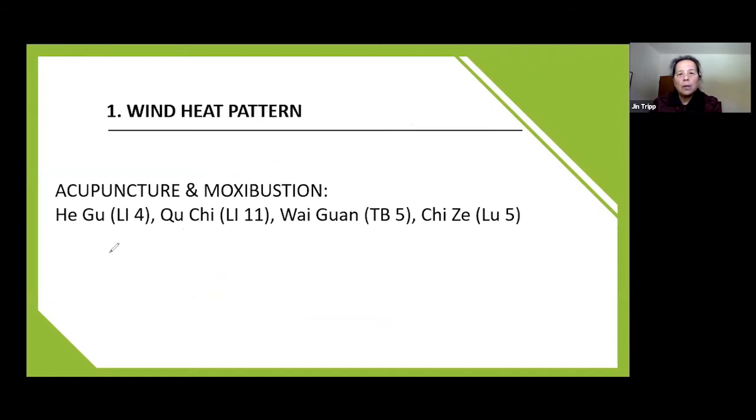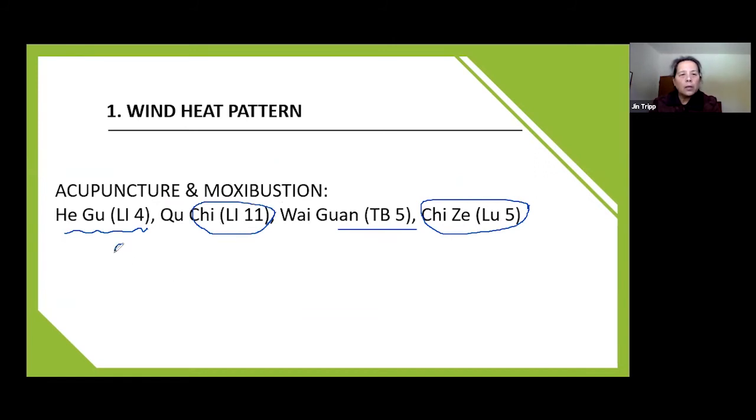For acupoints, to relieve the exterior we use Li4 and 三焦 5. Then to clear lung heat, lung 5. To clear internal heat, Li11.